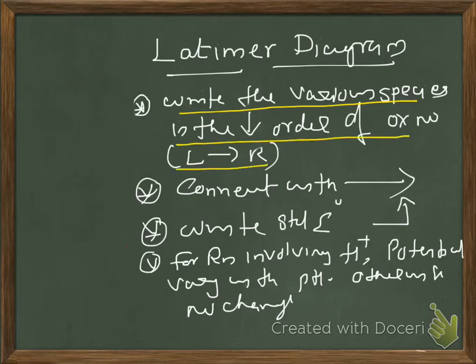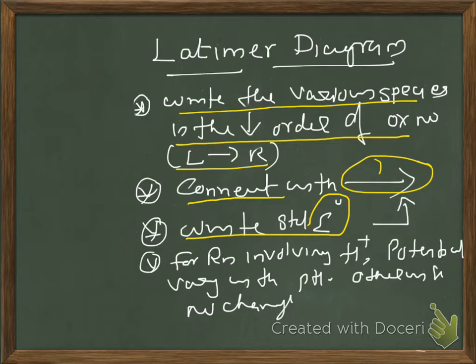From left to right, you have to represent the species in decreasing order of oxidation number. That means the highest oxidation number should be at the left and the lowest oxidation number at the right. Each species can be connected using an arrow mark. Write the standard reduction potential of the couple on the top of this arrow mark.